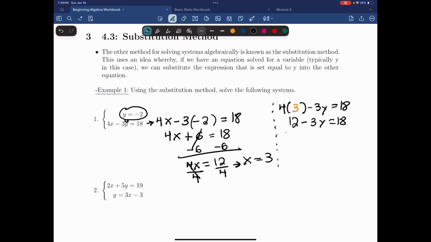And now to solve for y, I'm going to subtract 12 on both sides. And we get -3y equals 18 minus 12 is 6. And then I'm going to divide by -3 on both sides. And we get y equals -2. So our solution to this system is the point 3, -2.